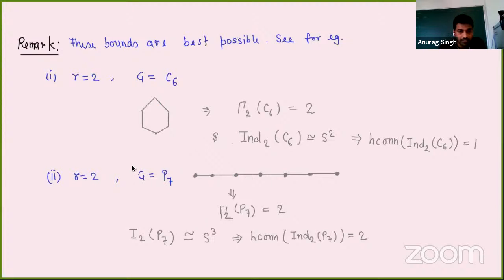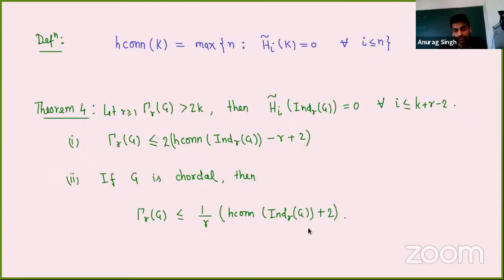Here is the example for that. When you take r equal to 2 and G equal to the path P7, then the 2-distance domination number of P7 is 2, and the quantity on the right hand side is again exactly 2. So these bounds are very tight in terms of the distance-r domination number.